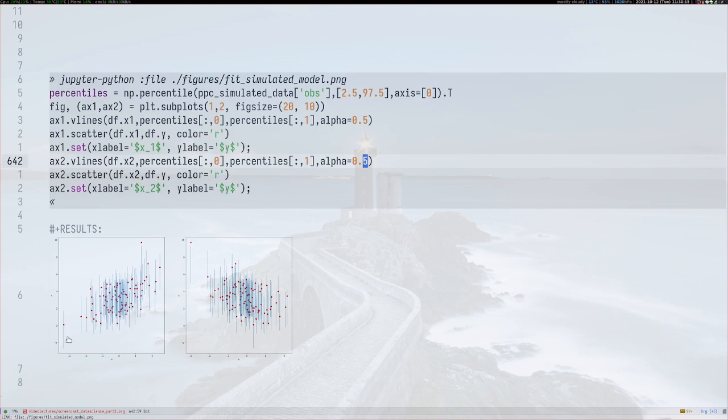So let's say this point over here, which is rather low, it's likely that this value of x1 in the observation corresponded to a rather low value of x2. So that pushes the blue line up, which pushes my prediction up, and makes sure that the observation is on the low end of this predicted interval.